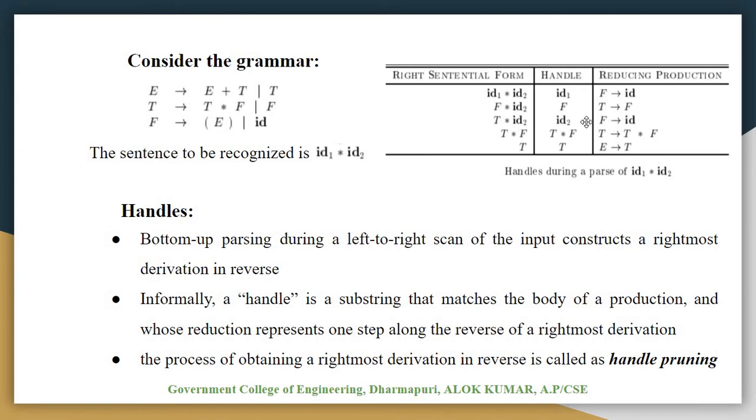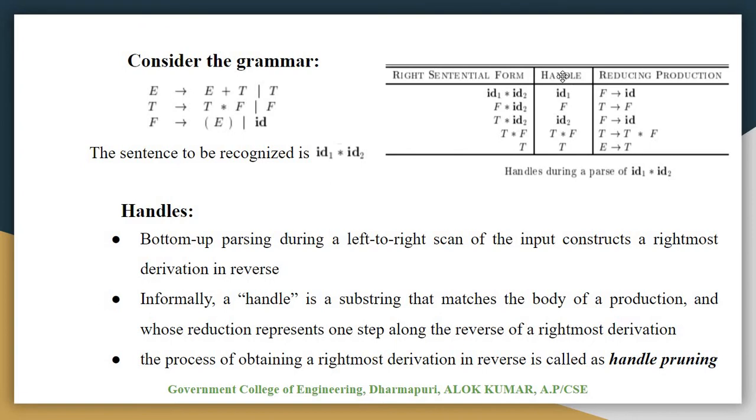And F generates ID, so this ID too we can replace with F. We already have the production rule T generates T into F, so this T into F we will replace with T. This one we can say is the root, and these are the leaves. We start from the leaves and construct the parse tree, and at last we have one root node.